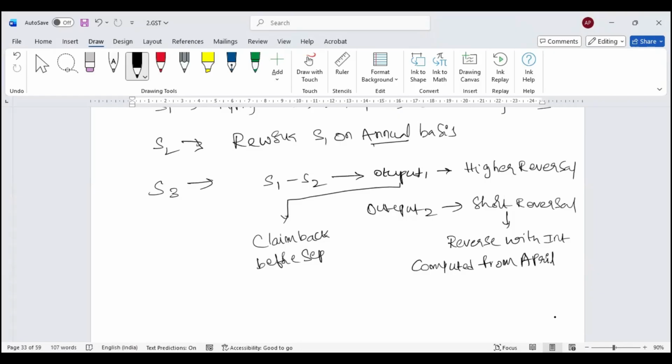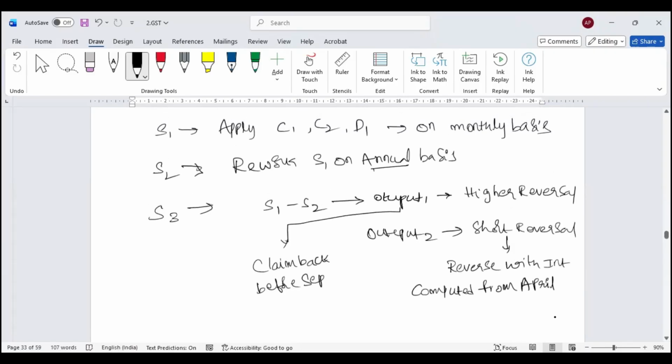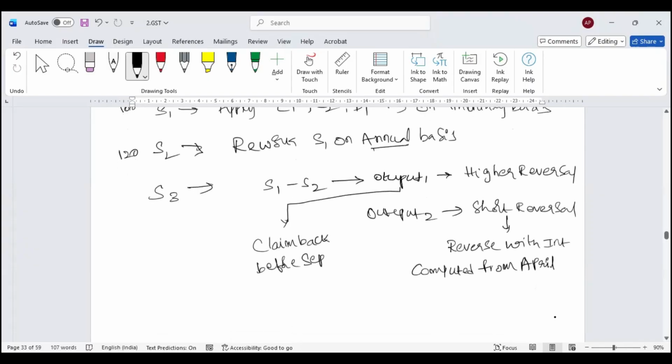If you have done a short reversal, say in step 1, I have reversed 100 rupees. But step 2 says I should have reversed 120. The balance 20, I have to reverse. So now when do I reverse? My GSTR 3B for April. Let's assume that financial year 24-25.